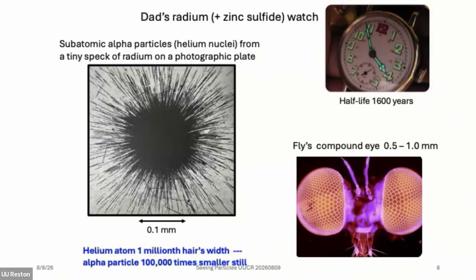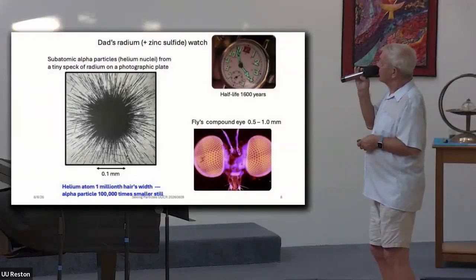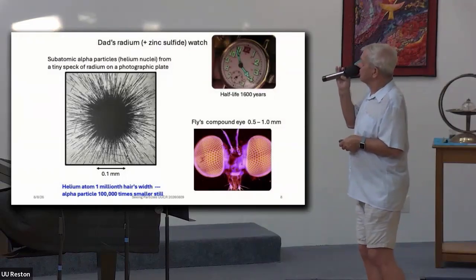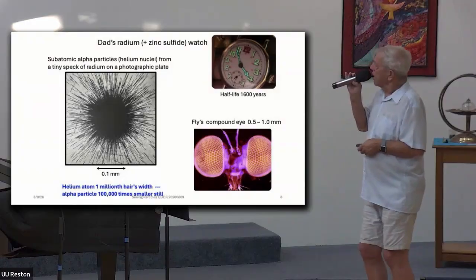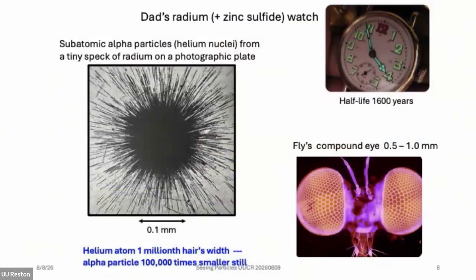It would still be radioactive because the half-life, or the time half of the radium atoms decay, is about 1,600 years. But it probably won't glow anymore because the zinc sulfide itself disintegrates after a while and doesn't work. But on the left, you see this picture of a tiny speck of radium on a photographic plate.